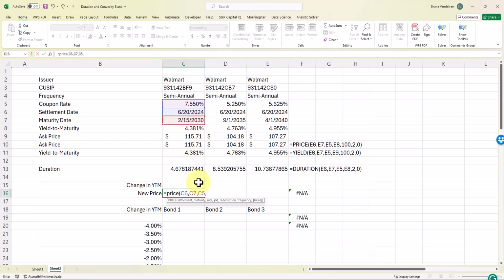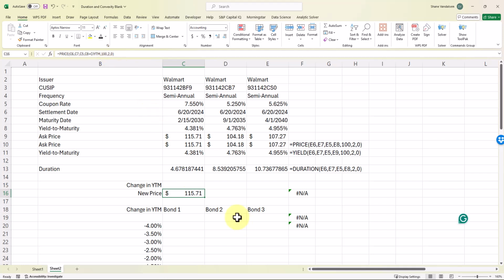We're going to say the yield to maturity is equal to our yield to maturity here plus the value we're going to put here in C15. And I've named this cell CIYTM, so change in yield to maturity, CIYTM. The redemption is still 100. The frequency is still 2, and then the basis is 0.